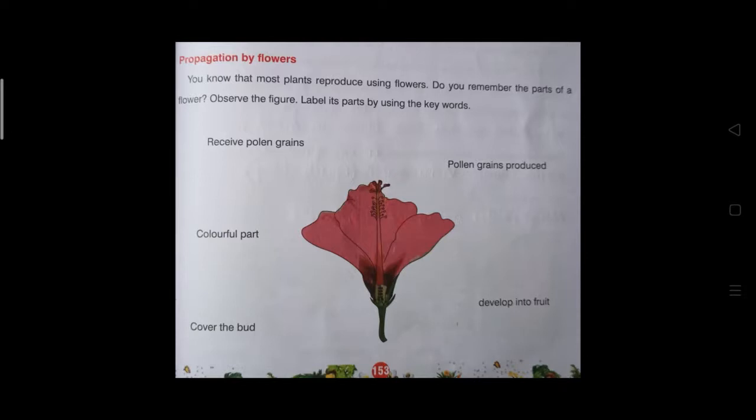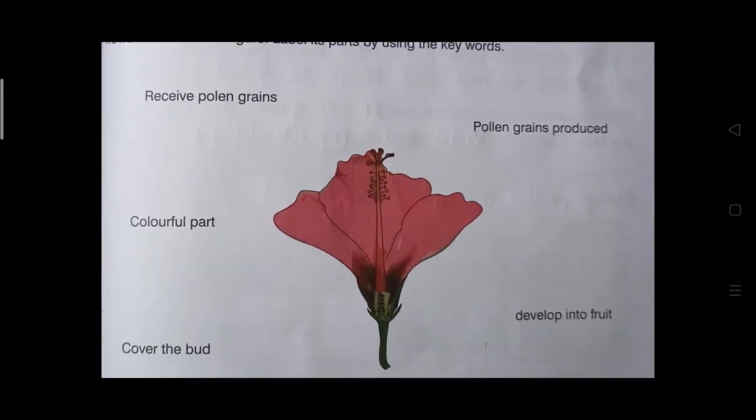One more clue: you can see here at the top there are 4 female parts. So you identify the part.